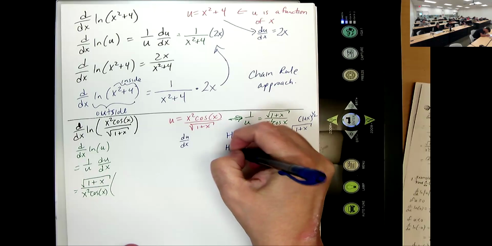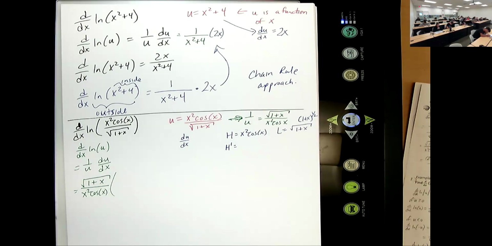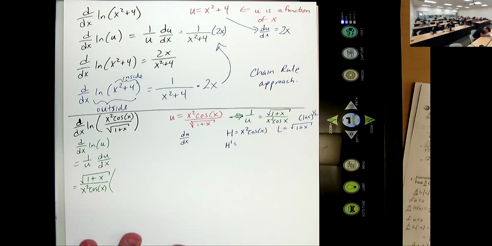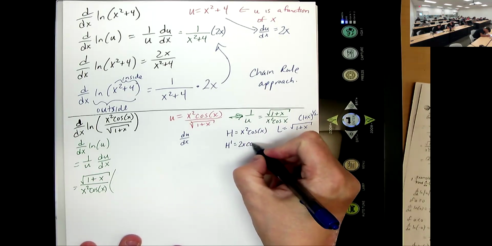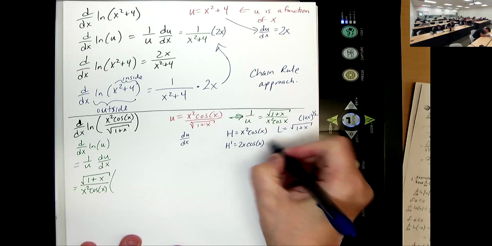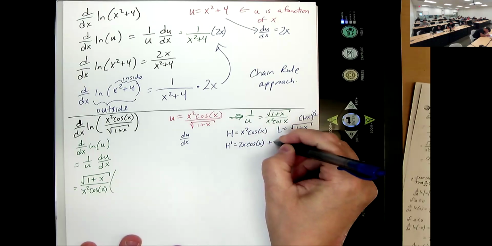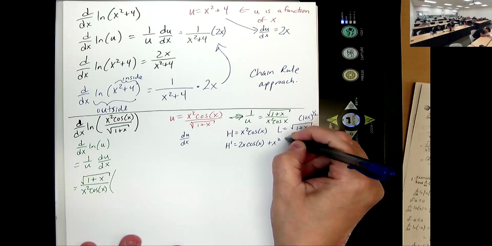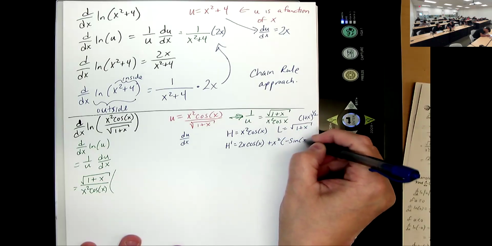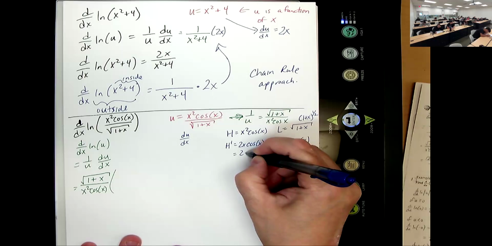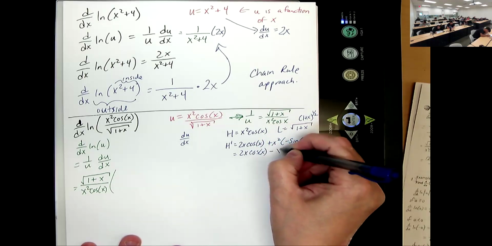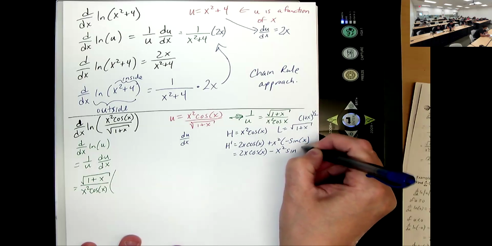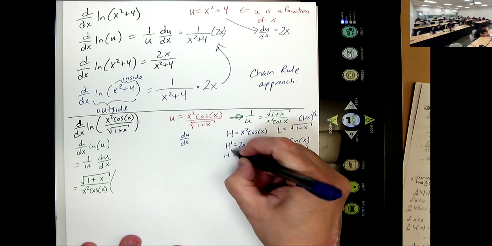H prime is a product rule. We'll do the derivative of the first and get 2x cosine x. And then we'll do the derivative of the second. Derivative of cosine x is negative sine x. So I would write this as 2x cosine x minus x squared sine x. That'll be my H prime.